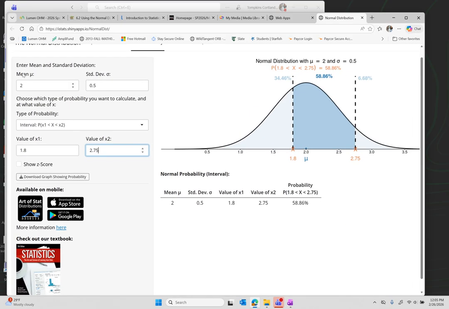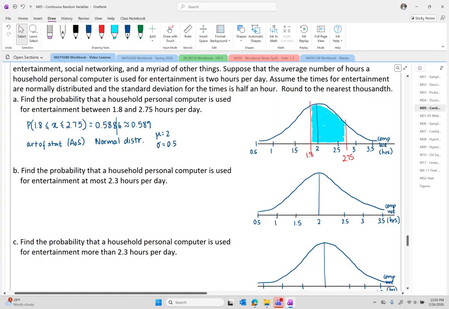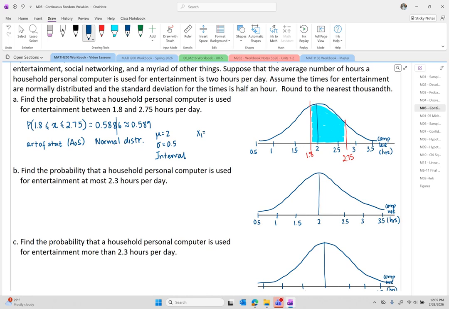Over here, it says mean mu, standard deviation sigma. And then for the type of probability, I did interval probability. And then I did x1 equals 1.8 and x2 equals 2.75.